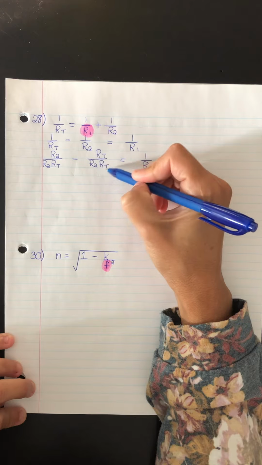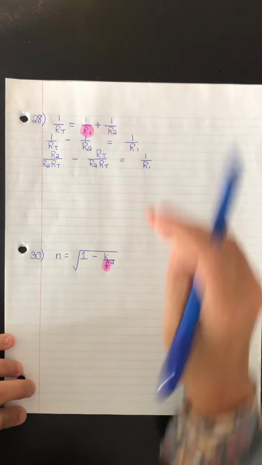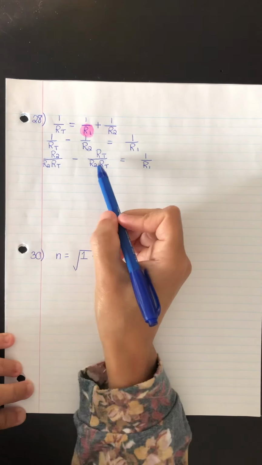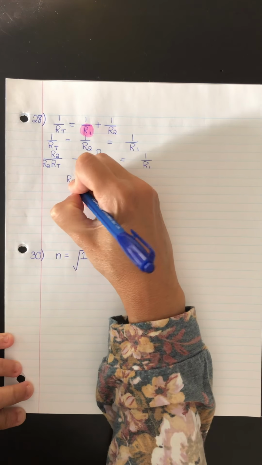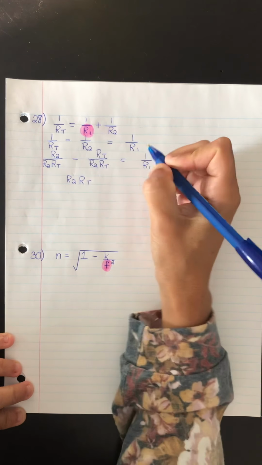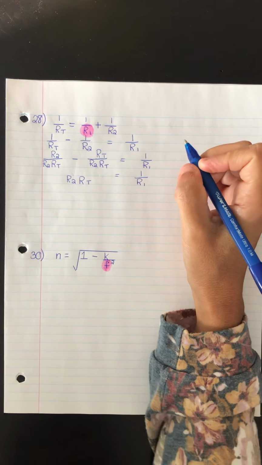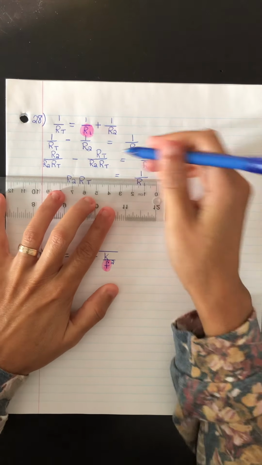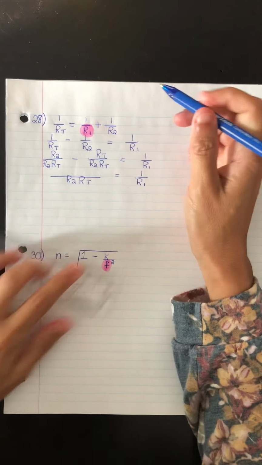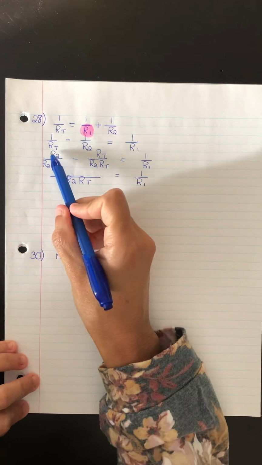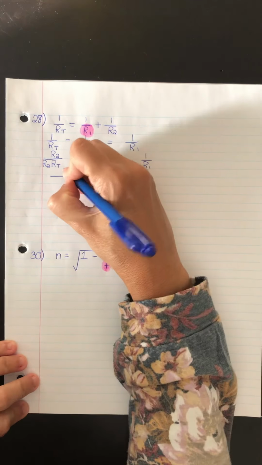So these fractions are equivalent. Now that we have a common denominator, of course, we can combine this into a single fraction. The numerator of that fraction will be R2 minus RT.